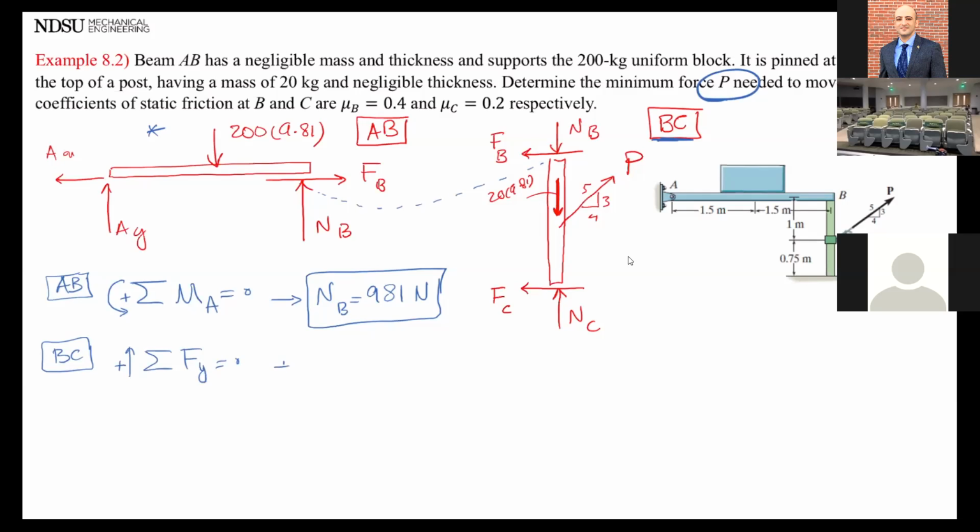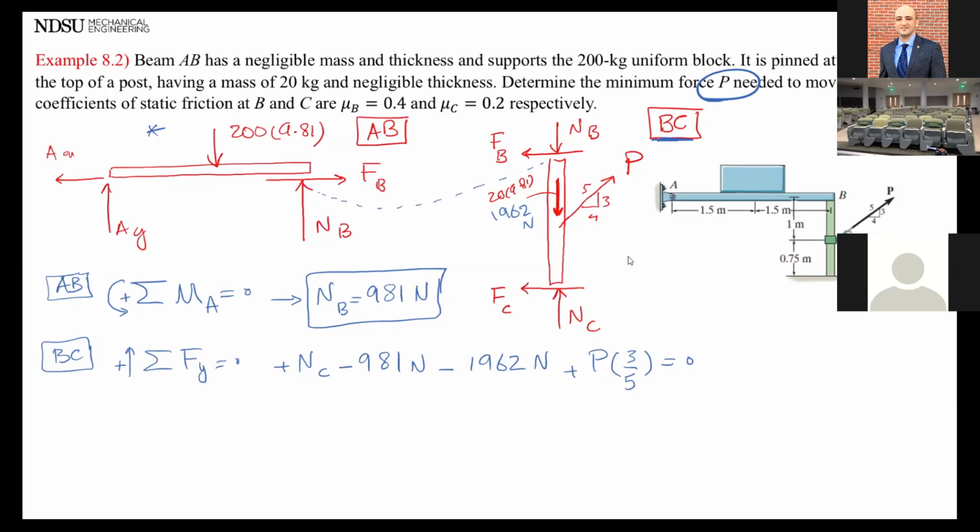So I have plus NC minus NB, which is 981 newtons, minus 1962 newtons, the weight, plus P, the vertical component, which would be 3/5, equals 0. Okay, 2 unknowns. I can't do anything about it. NC and P. So let's see what else we can do.